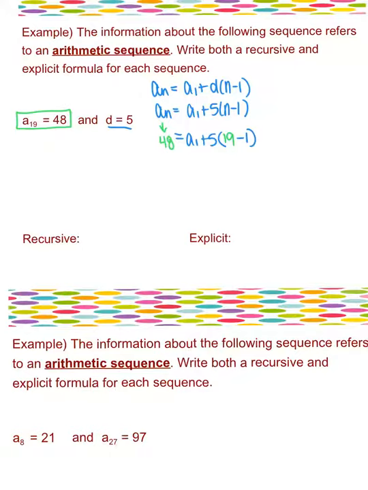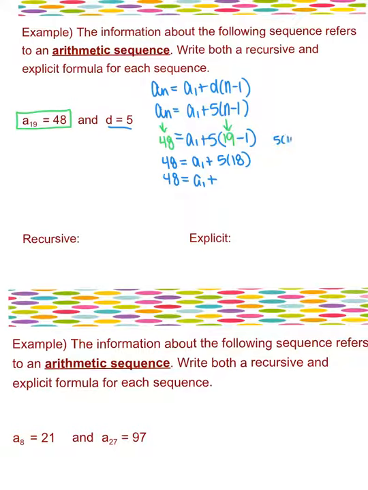So you can see where I'm plugging in my term value and the number of the term it is, which is 19. And then I can clean this up and solve for a sub 1. So 48 equals a sub 1 plus 5 times 18.